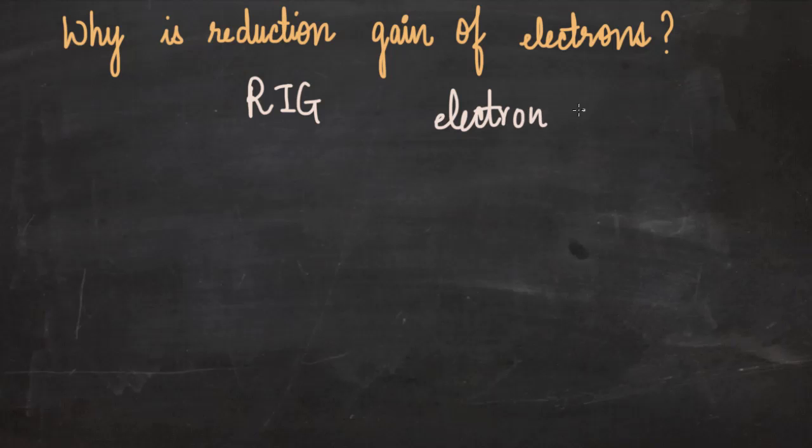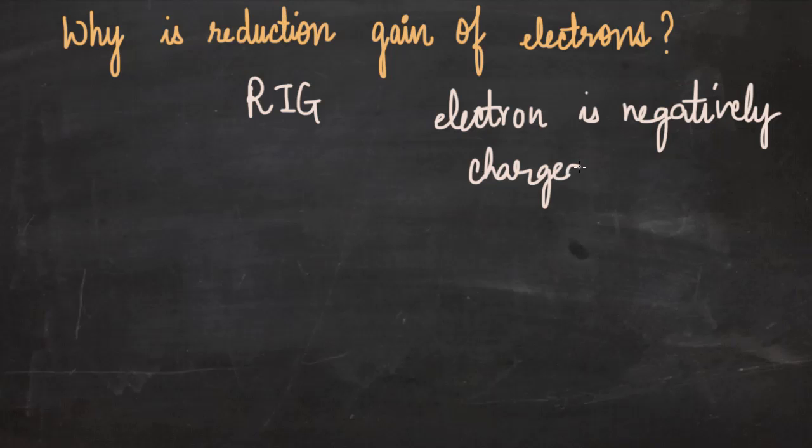Electron is negatively charged. Suppose that atom initially had 0 charge on it, the atom is neutral, but after it has gained an electron, because of that extra electron, it will become negatively charged.